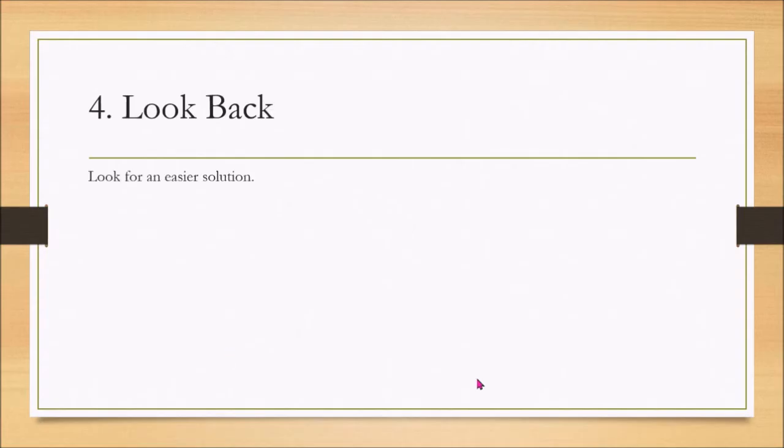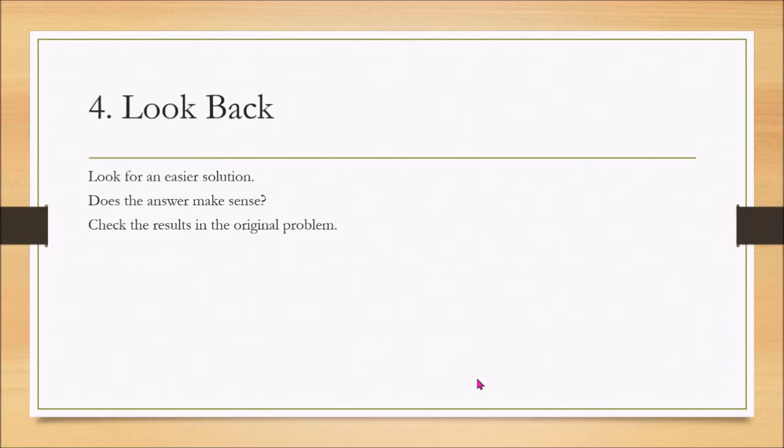To look back is to look for an easier solution. Modify it, simplify it. Does the answer make sense? In look back, actually, we're simply simplifying into checking or verification of your solution, from your working it out or acting it out.